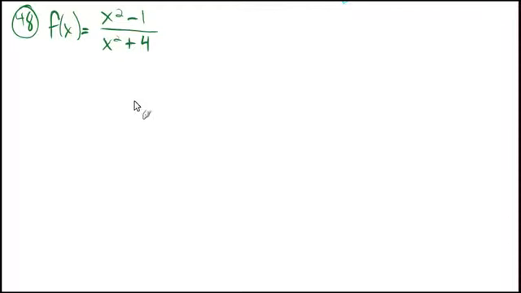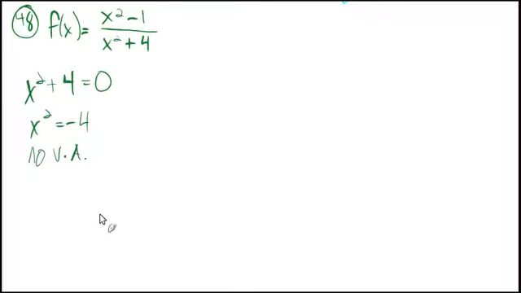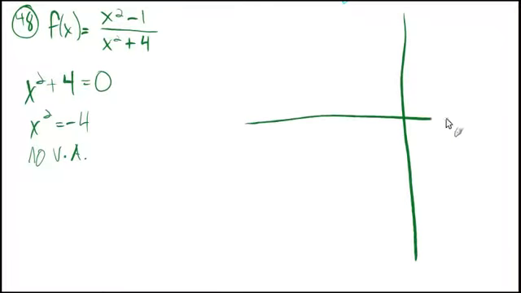Here we go. We're going to find vertical asymptotes here. That would be where the denominator is equal to 0. But x squared will never be negative 4 with real solutions for x, so no vertical asymptotes. Now let's look at horizontal asymptotes.